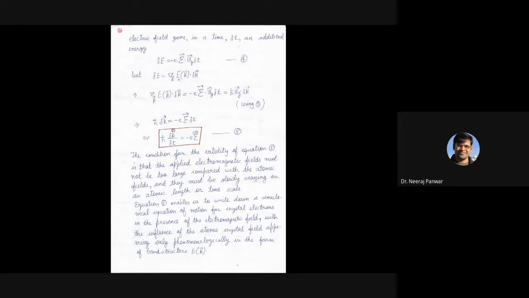The rate of change of momentum or k wave vector of the electron is equal to the applied force. The condition for the validity of this equation is that the applied electromagnetic field must not be too large compared with the atomic fields. Otherwise, if the electric field is very high, it will knock out the electrons from the band.